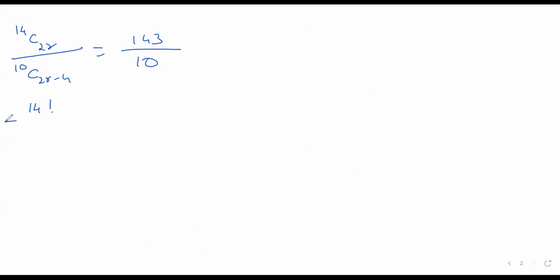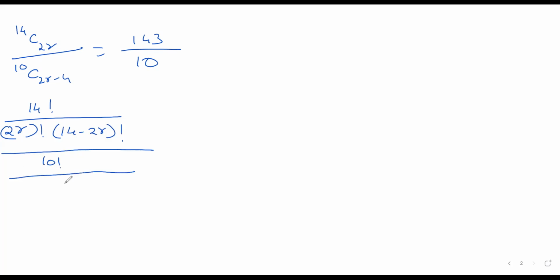This is 14 factorial upon 2r factorial, 14 minus 2r factorial, whole thing upon 10 factorial upon 2r minus 4 factorial, 10 minus 2r plus 4 factorial, is equal to 143 upon 10.